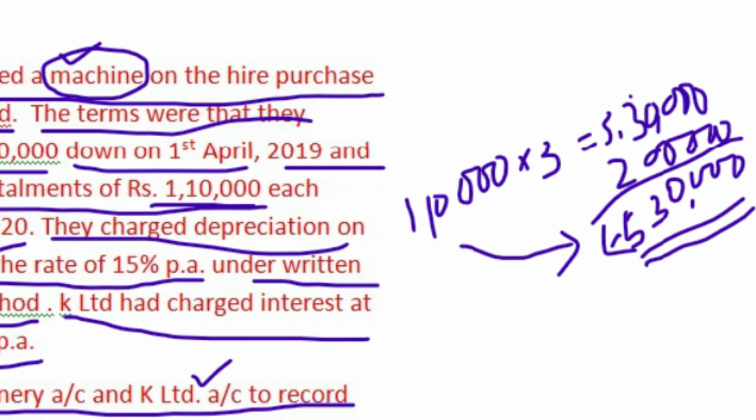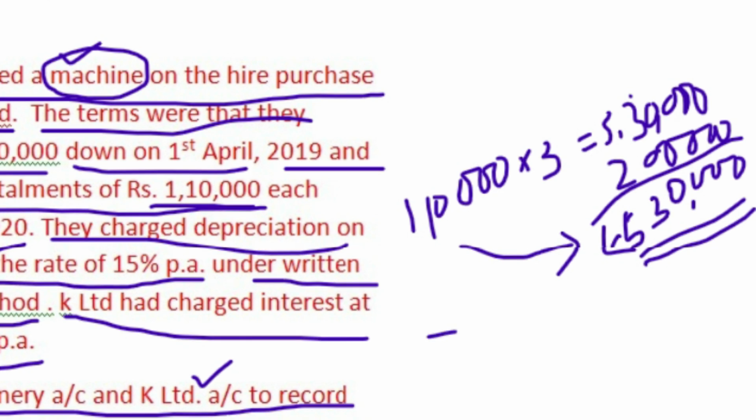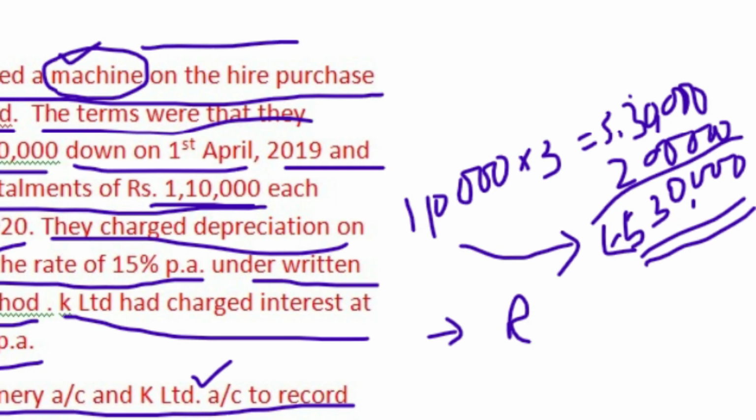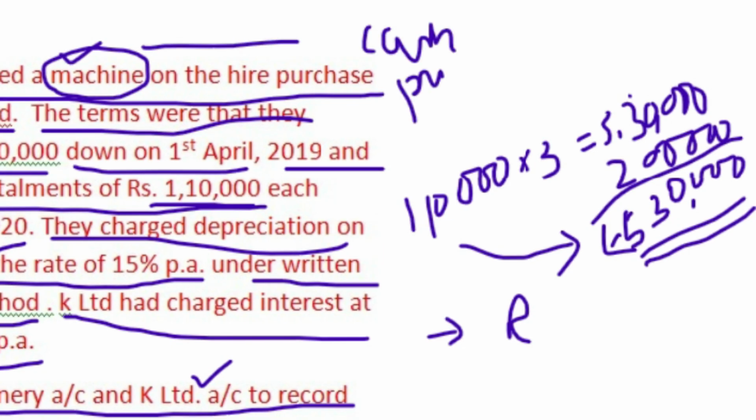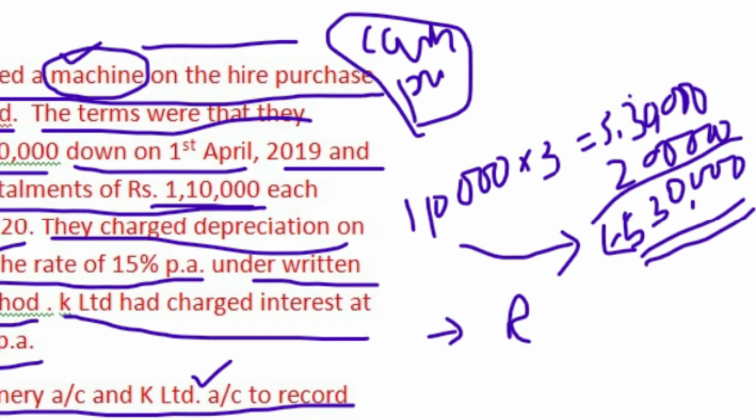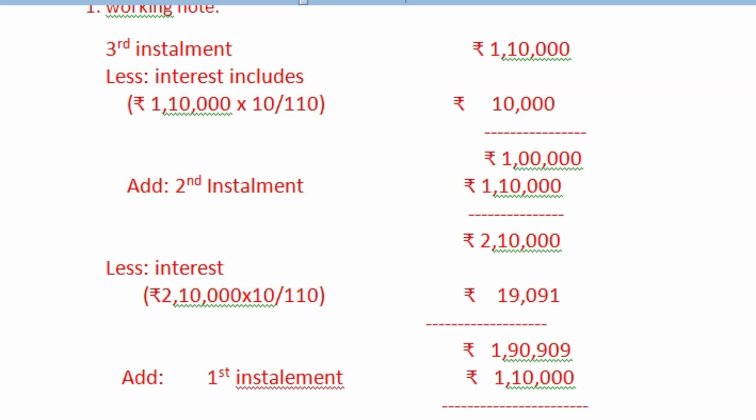If we exclude that interest from the 5,30,000, then the remaining balance is the cash price of the machine. So how do we calculate the cash price of the machine? A slight working note is required, and I will show you that working note here.